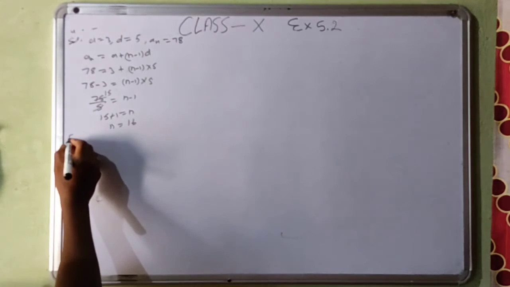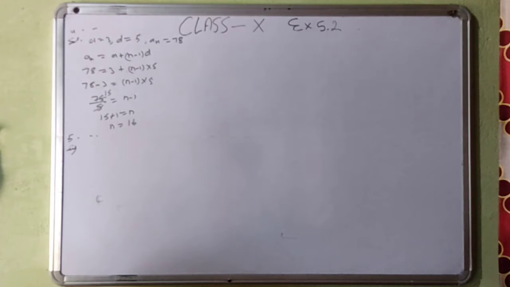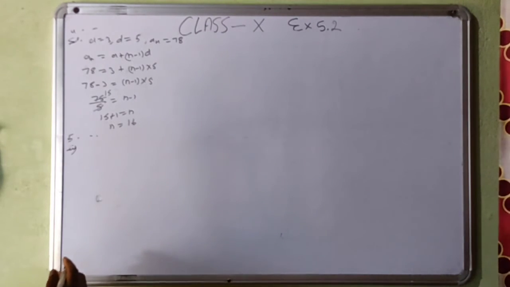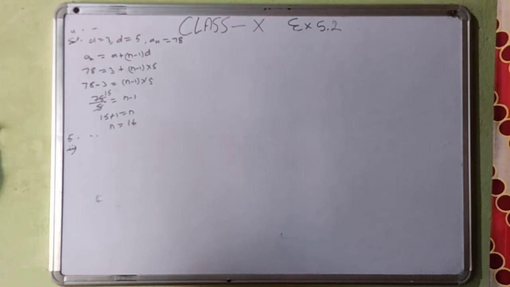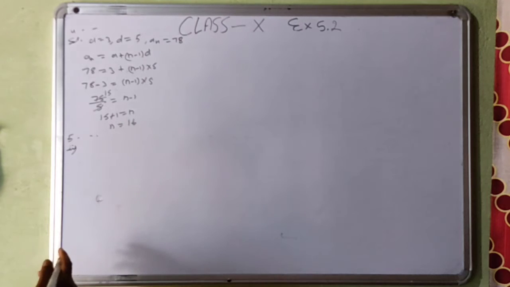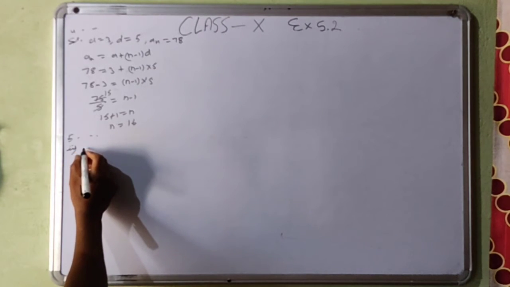Fifth question, second part, because first and second both parts are the same. Here also, for the number of terms in the AP, find the number of terms. Same thing, fourth question and fifth question both are the same, but the second part is given in mixed fraction.